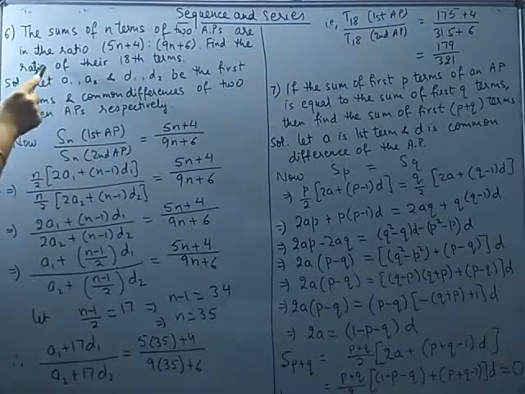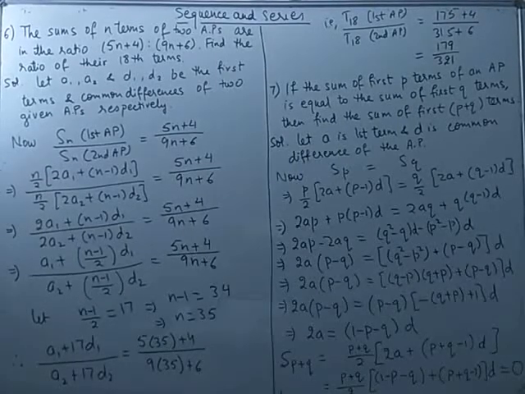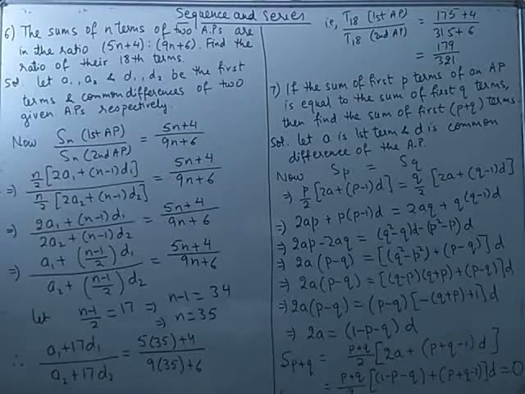Okay. Now see, we are being asked to find the ratio of their 18th terms. How will you write their 18th terms? For the first AP, the 18th term will be A1 plus 17 D1. For the second AP, it will be A2 plus 17 D2.